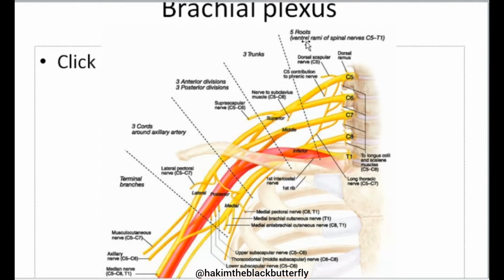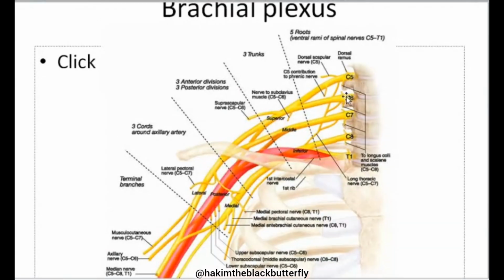So a spinal nerve has two branches when it comes out. The one which goes posterior to supply the posterior aspect, that's the dorsal. And the ones which come anterior are what we call the ventral rami. So the roots of the brachial plexus, C5, C6, C7, C8, and T1, we are specifically talking about the ventral rami, the anterior branches of the spinal nerves, not the dorsal rami.